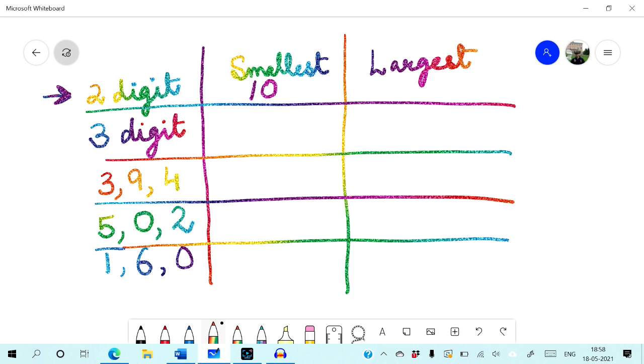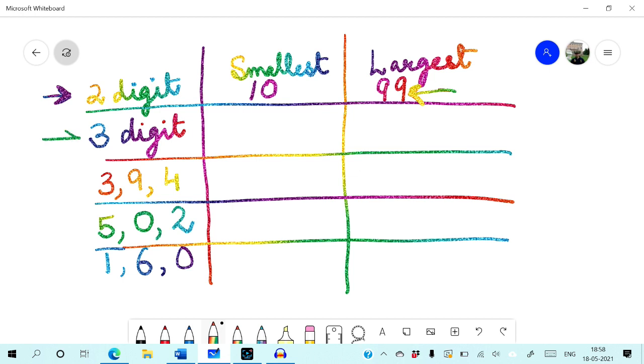Now the largest 2-digit number. For the largest 2-digit number, it should be the biggest number in 2 digits. So the largest digit is 9. So we will write 9 and 9, which makes 99. So 99 is the largest 2-digit number.